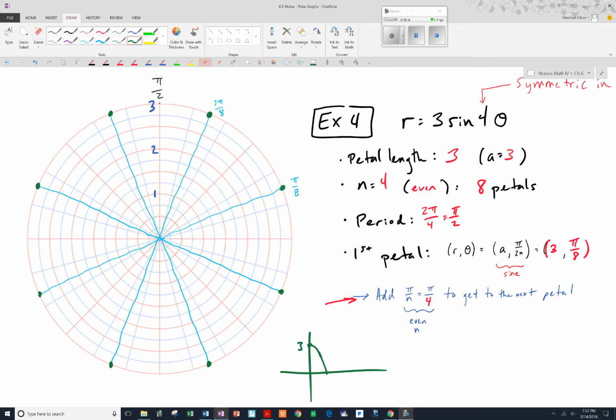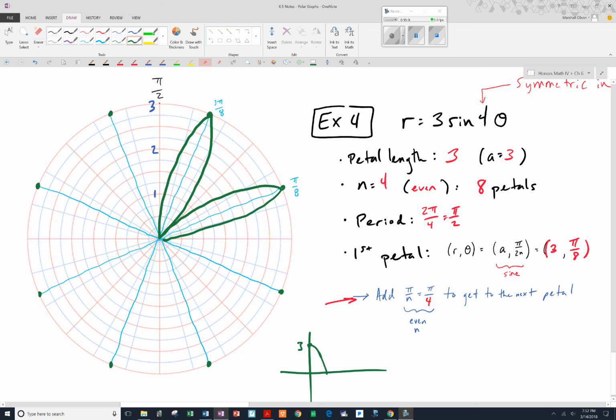So let's just graph these petals in. So there's my first petal. Okay, here's the next petal I'm going to graph. Next petal I'm going to graph.